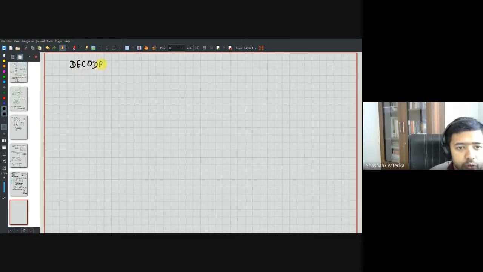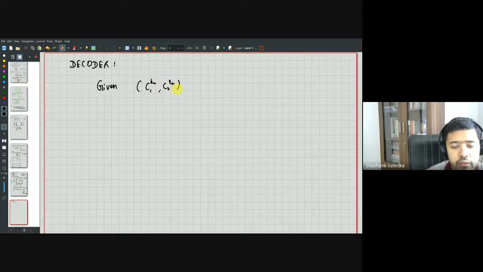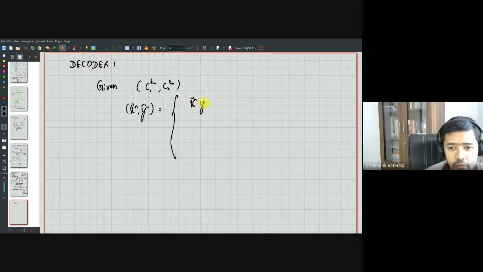So the decoder does the following. Given a particular codeword pair, C1(Kn), C2(Ln), it outputs the estimate xn hat, yn hat as follows. It is equal to some particular pair xn tilde, yn tilde.